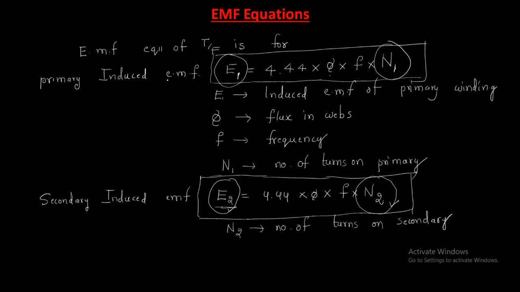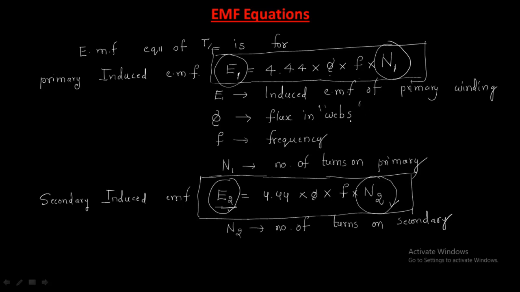The primary induced EMF equation E1 equal to 4.44 into flux into frequency into N1. Here E1 is induced EMF primary winding and 4.44 is constant. Flux flowing in the core, generally the units are Webers.